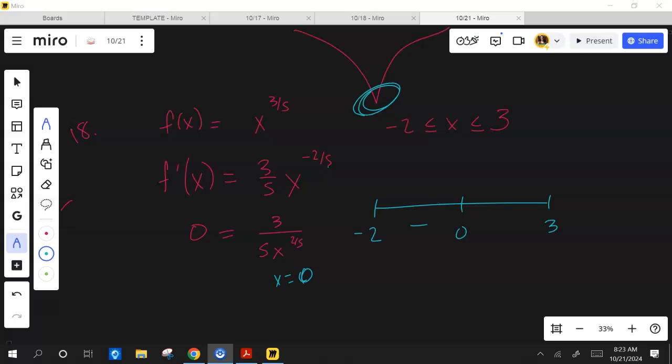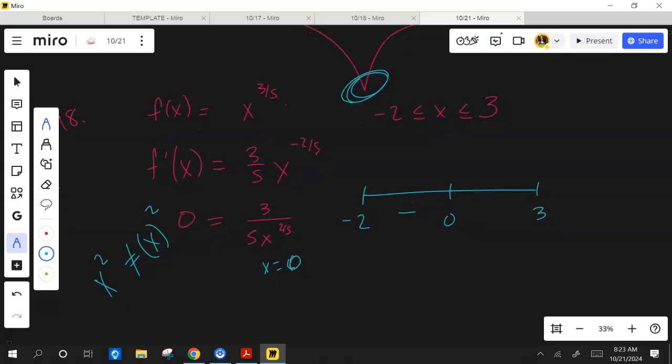But it's the difference in this and this. If you take out your calculator and you do -1 raised to the 2 divided by 5, what do you get?